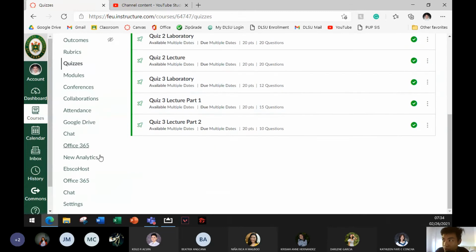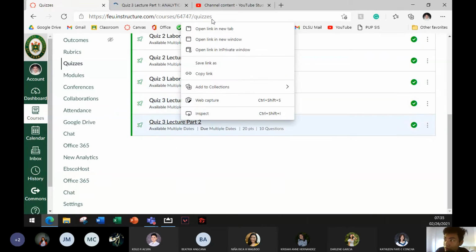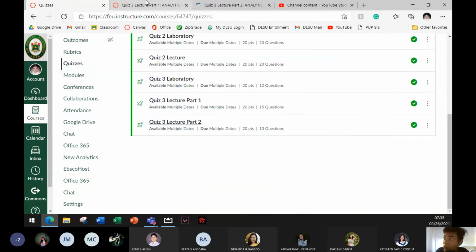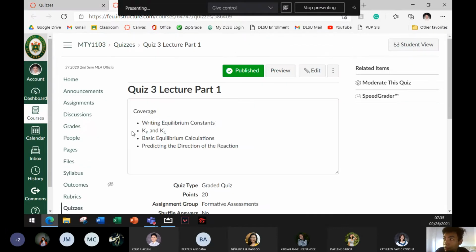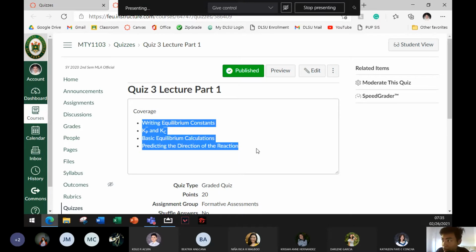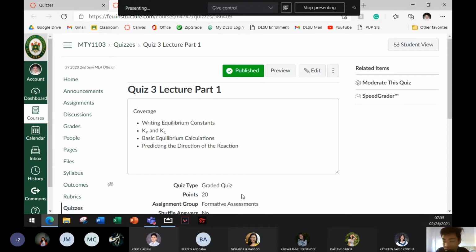Again, quiz 3 has 2 parts, part 1 and part 2. For part 1, the coverage is about the topics we discussed last week. That's writing equilibrium constant, Kc and Kp, basic equilibrium calculations, and then predicting the direction of reaction using Q and K. Those are the only topics covered in this part.